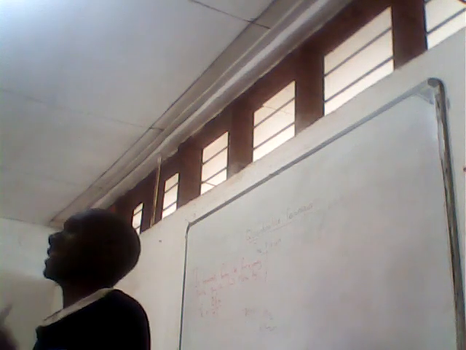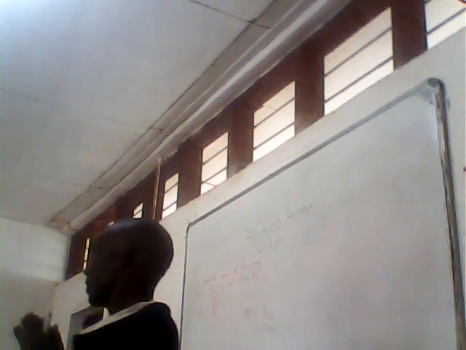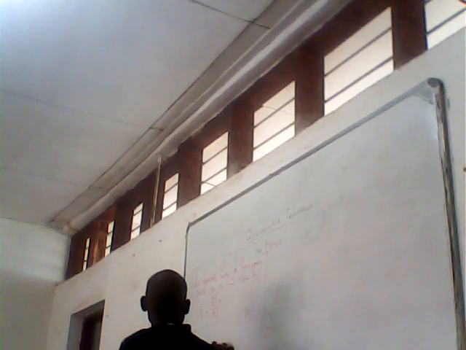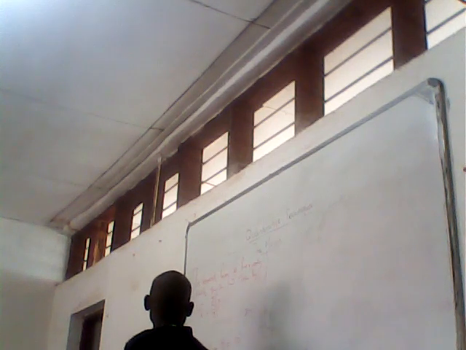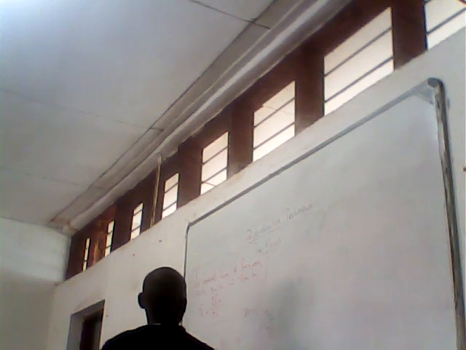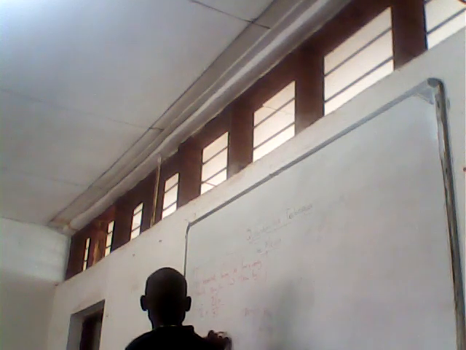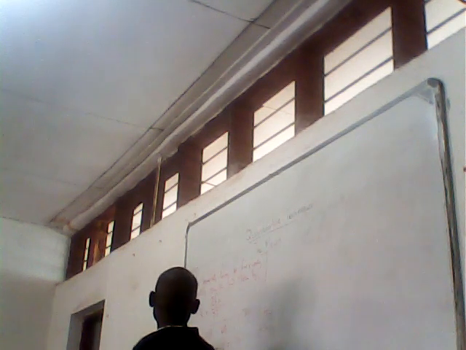Remember, grouped data is data that has got an upper bound and a lower bound. If we say something like from 1 to 9, there were 15 people, 10 to 19, there were 20 people, this is grouped data. This is the lower bound, and this one is the upper bound.